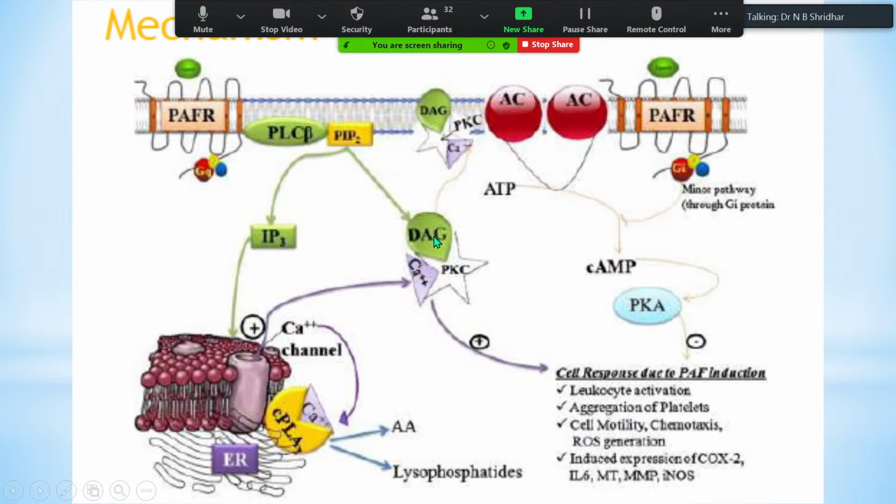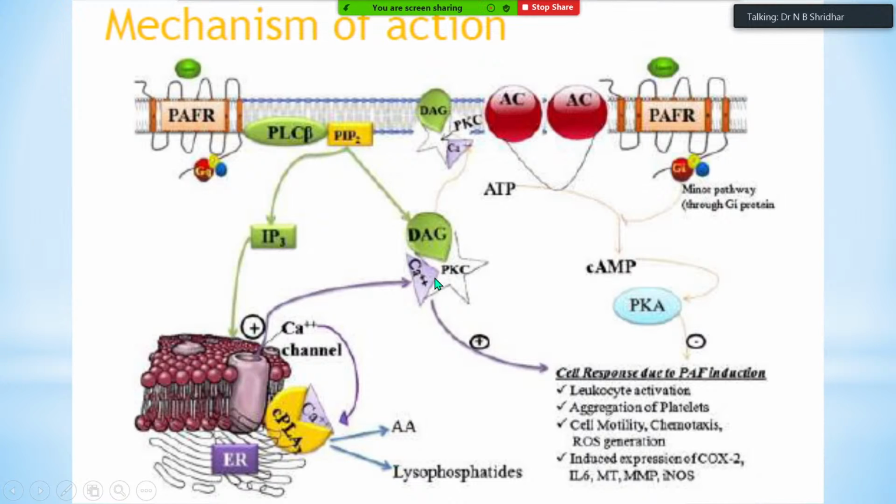It activates diacylglycerol, and calcium and protein kinase C are both activated, hence the intracellular calcium content is increased, and a variety of reactions take place. Apart from this, ATP is converted to ADP, and of course PKA is activated, but this is the minor pathway, whereas the major pathway is by PLC, PIP2, IP3 and DAG.